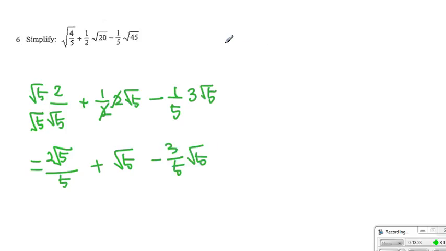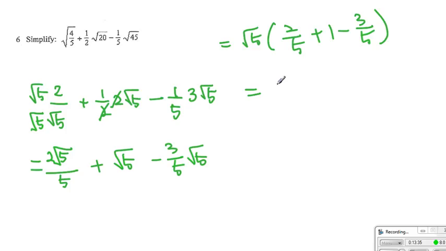So once you factor out radical 5, we end up having 2/5 plus 1 minus 3/5. Then once you calculate this one as a numerator, we end up getting radical 5 times here 4/5. Therefore, 4/5 radical 5 will be our answer.